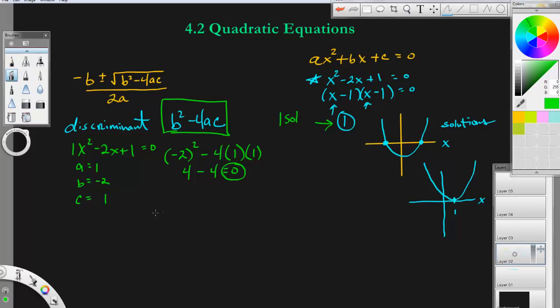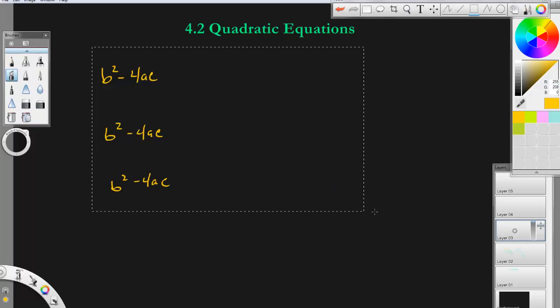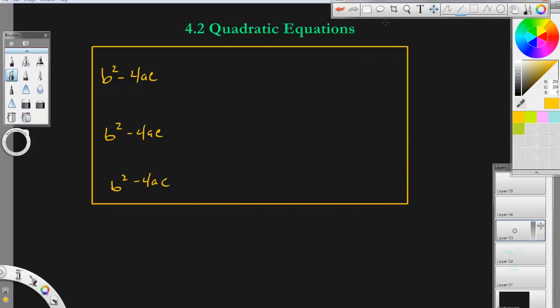So the little cheat sheet I want to make for you and talk about and show you what the graphs look like, I'll tell you what, we probably should put this on a separate layer: b squared minus 4ac. We'll write this 3 times, and I'll make a little chart out of this, like so.